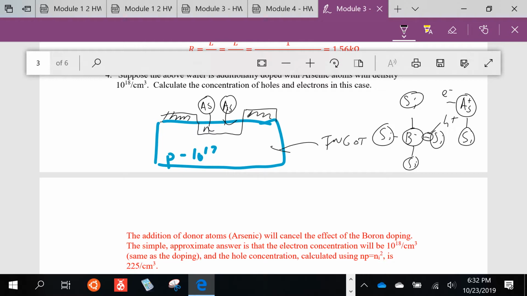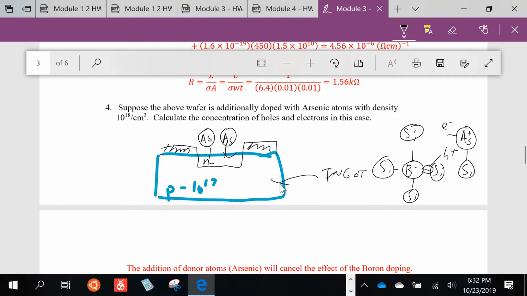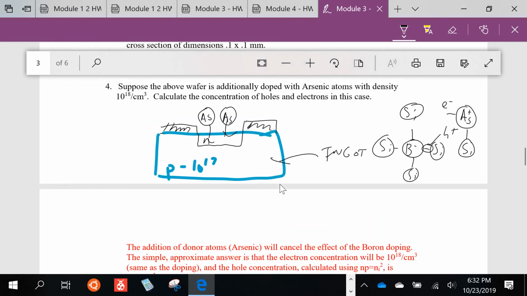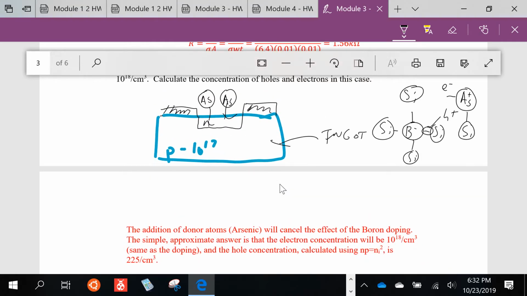That's what this question is really about. Now, getting back to Trevor's question, your question was whether we can use this approximation or have to use the quadratic formula. Here's a rule of thumb: if the doping density is 10 times greater than the original doping, then you can just approximate.